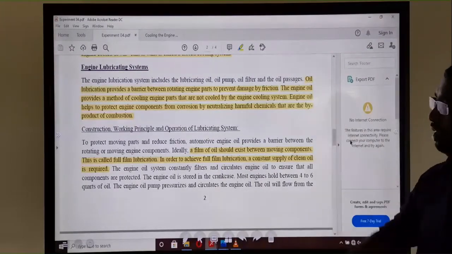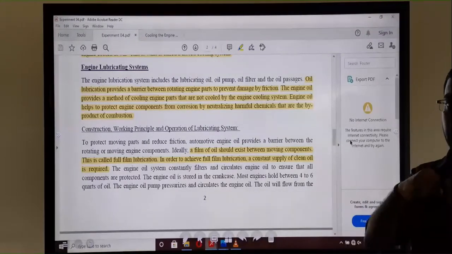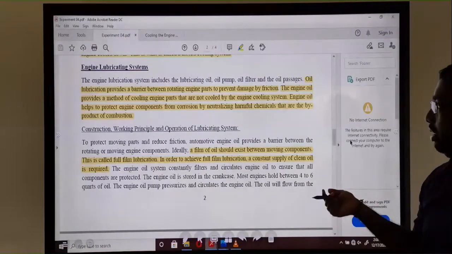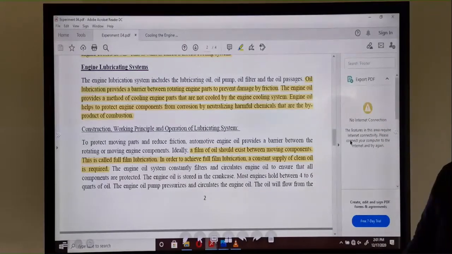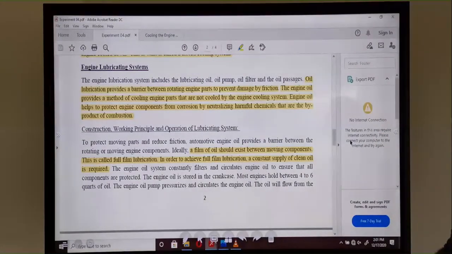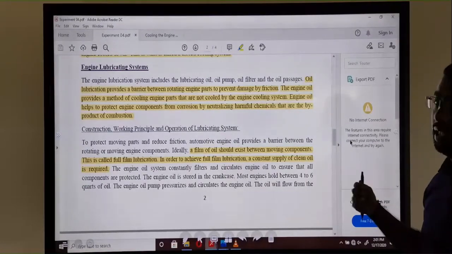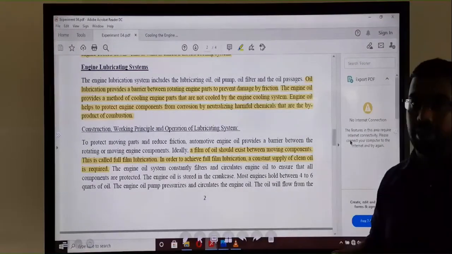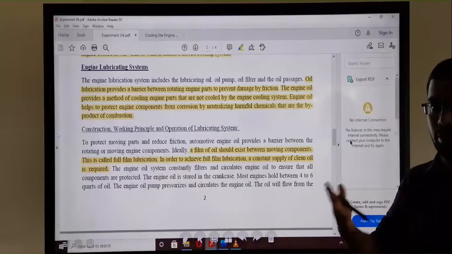So there are a lot of moving parts. Between these moving parts, the friction can be absorbed. The engine oil provides a moderate amount of cooling, that means we can use engine oil or any lubrication, grease or anything, to prevent damage by friction between two or more moving parts.